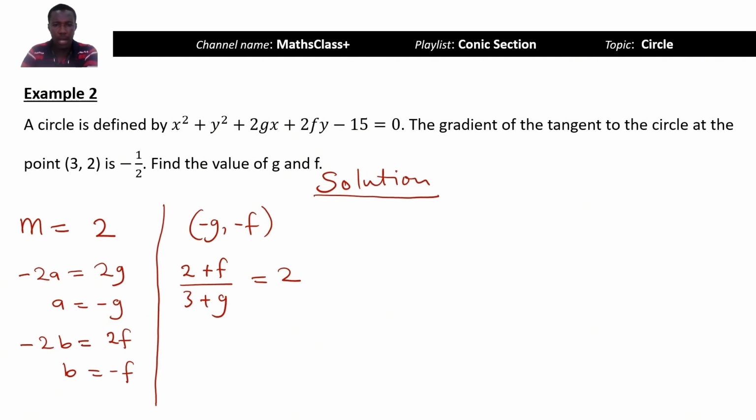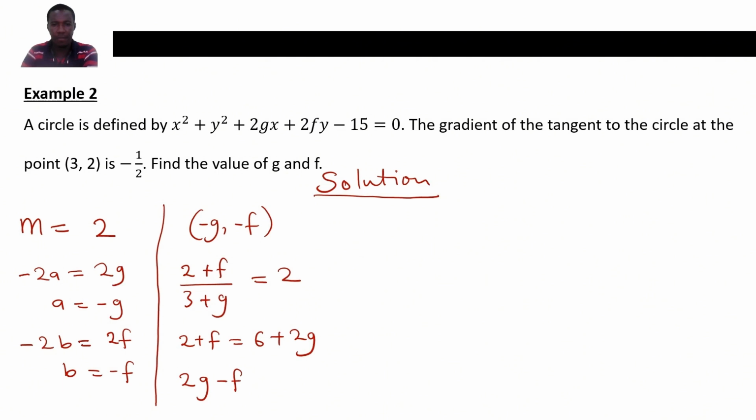So we have 2 plus f is equal to 6 plus 2g. When we simplify this, we get 2g minus f is equal to negative 4. And that will be our equation 1.